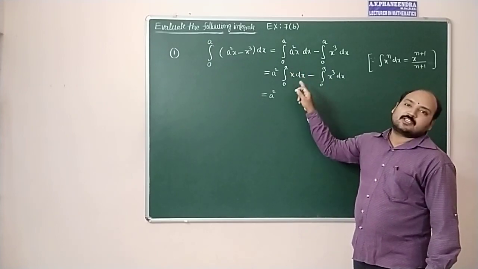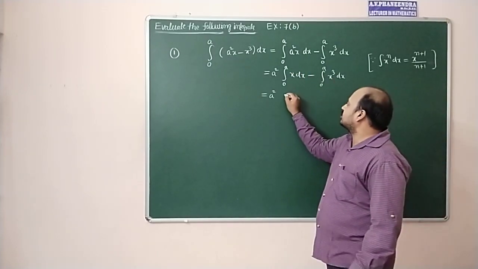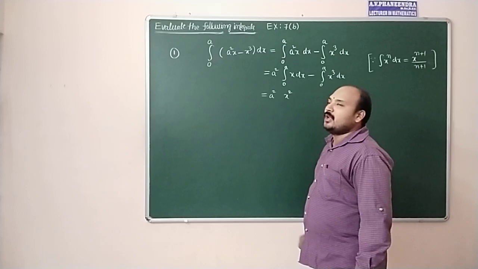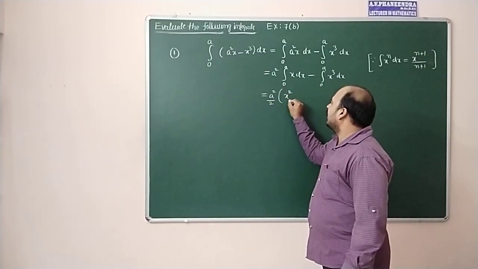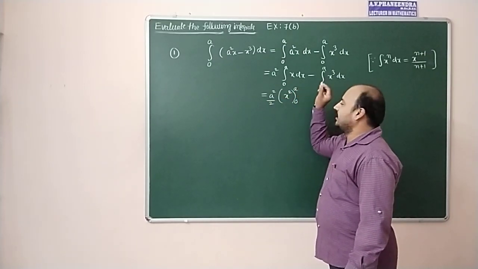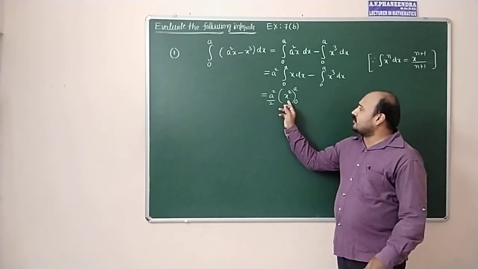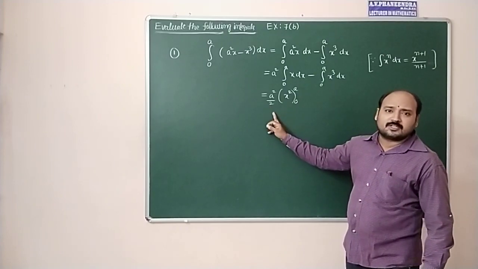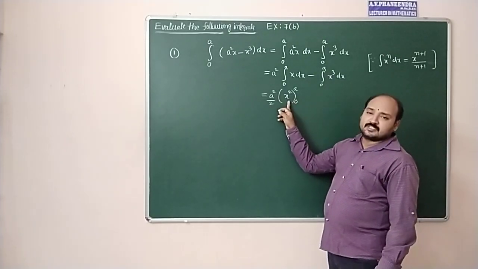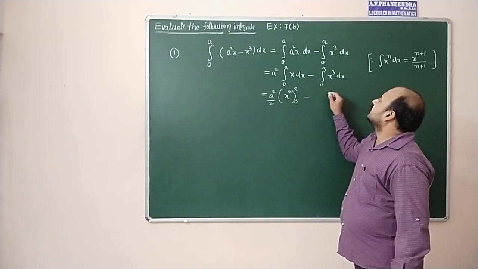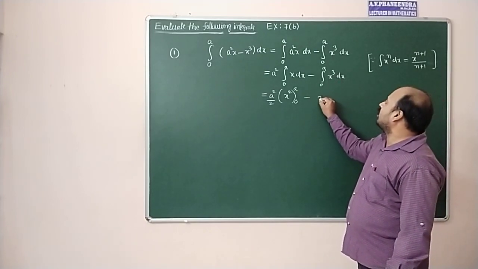X power 1, so x power 1 plus 1 by 1 plus 1, that is x square by 2. The constant we take outside, and apply the limits 0 to a. If we take it outside of the bracket also, nothing will happen. Why? Because the constant is not the criteria here, the function is the criteria. Minus integral x cube, x power 4 by 4.